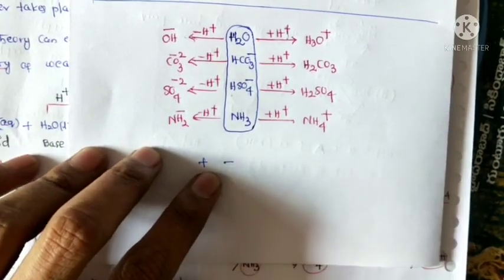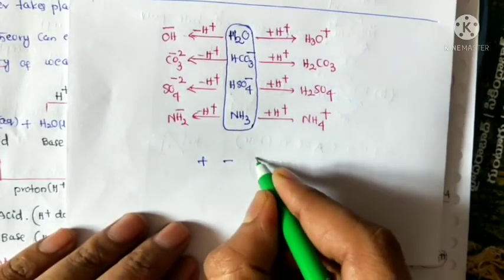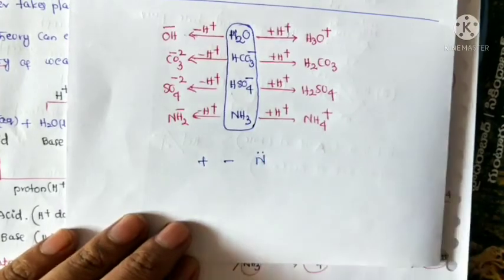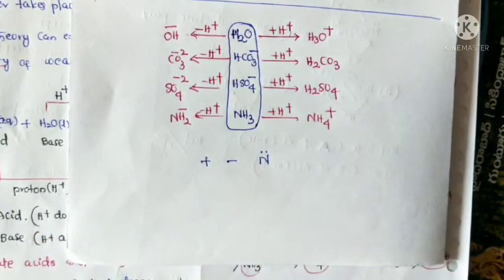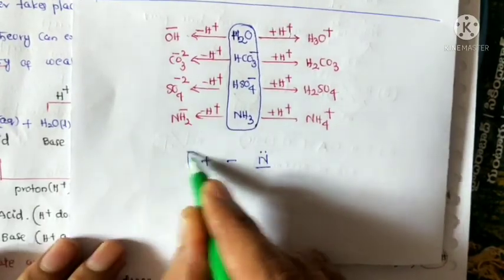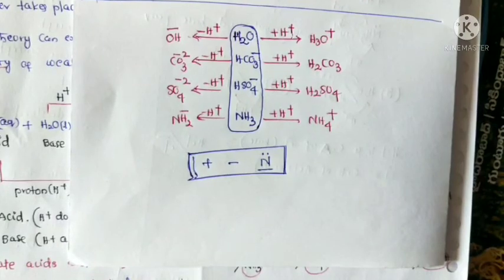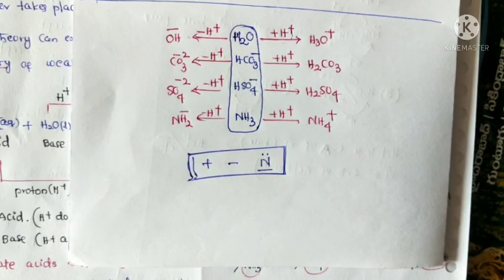With a negative charge, we can consider it a base. If the atom contains a lone pair of electrons, we can consider it a base. So these are simple notations to determine whether a substance is an acid or a base.